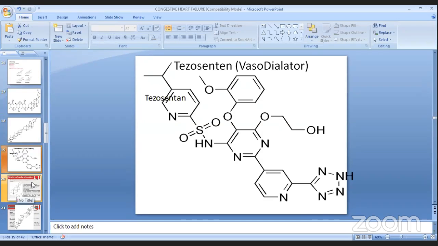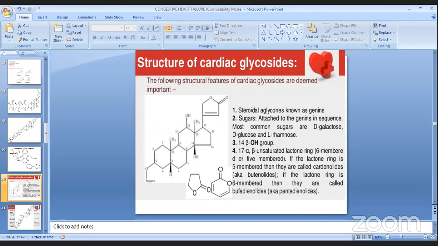Now I am going for the structure of the cardiac glycosides. If you see the structure of the cardiac glycosides, as I told you before, the 1, 2, 3 position is a sugar molecule, and in the 12th position one OH, and in the 14th beta position another OH.